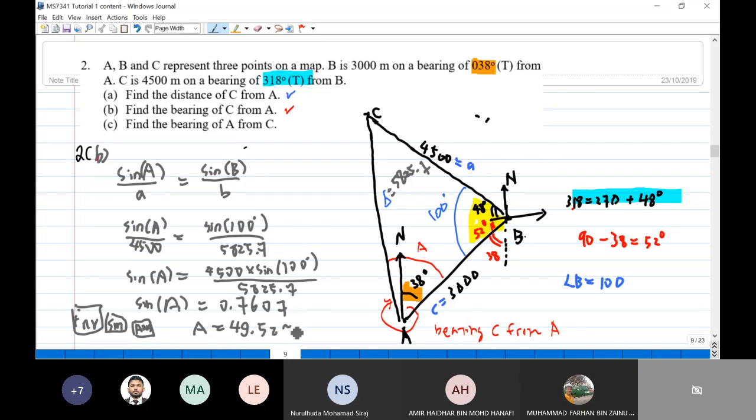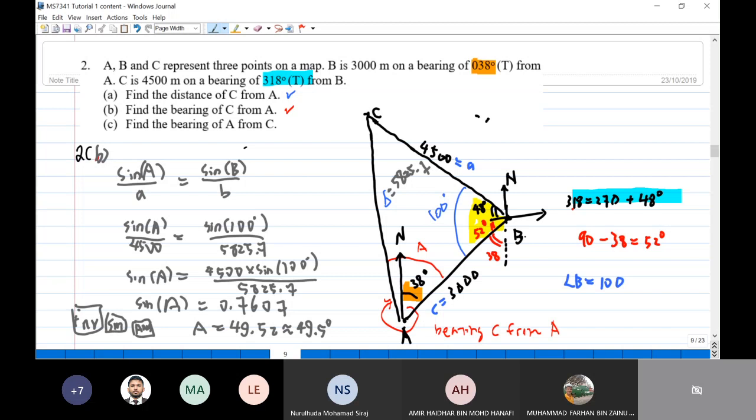So A is 49.5 degrees. That is how you get the answer for A.